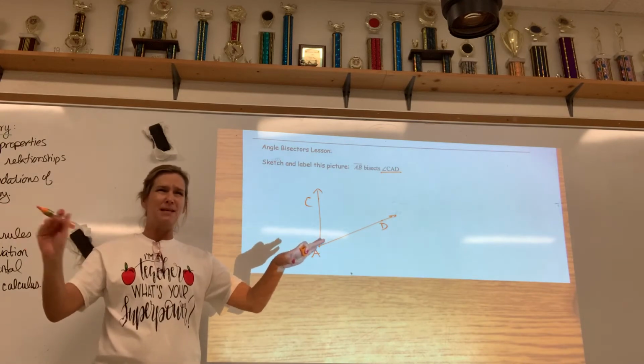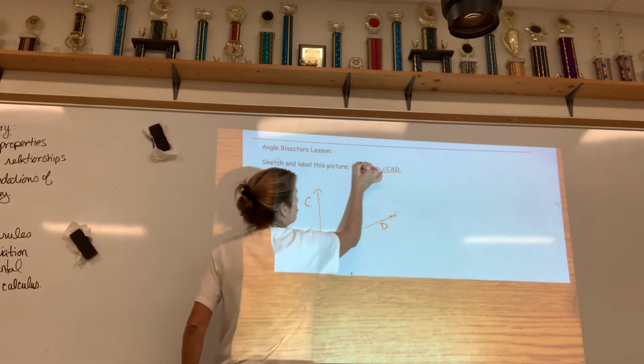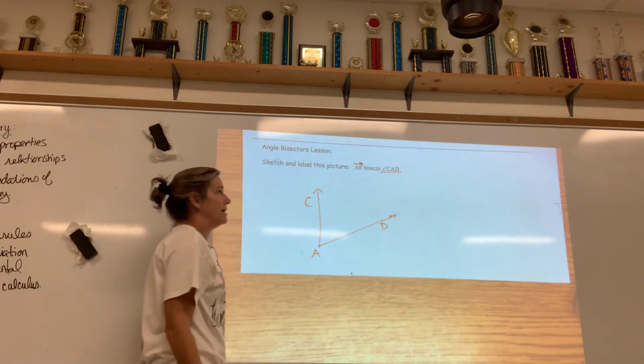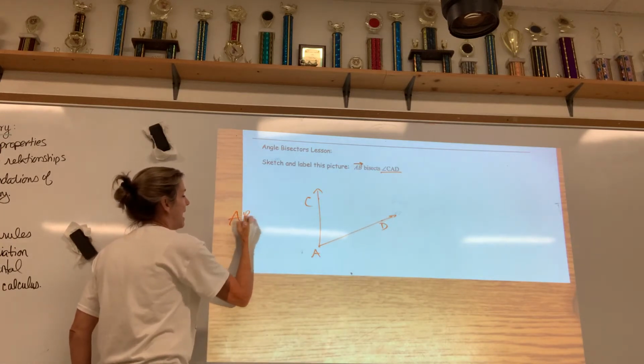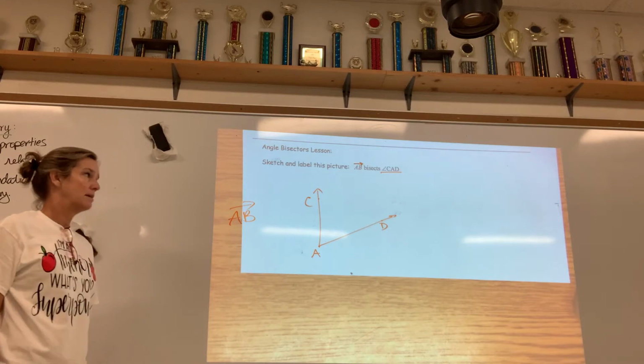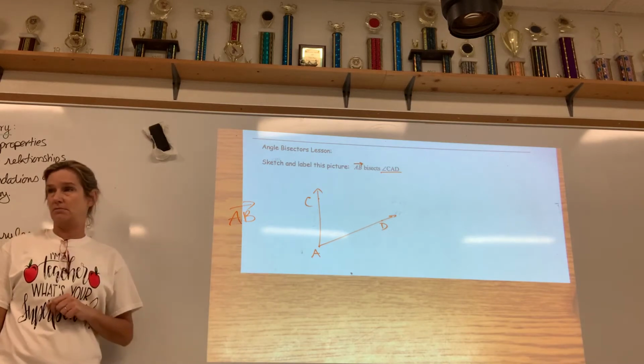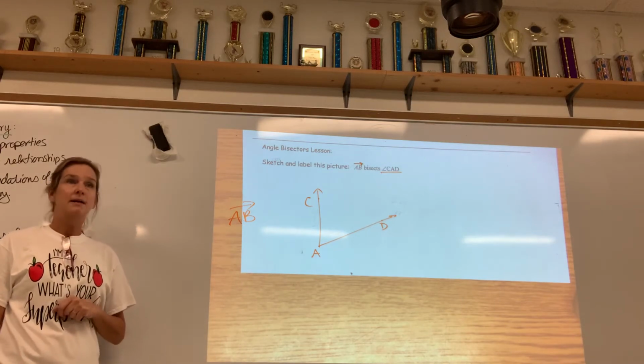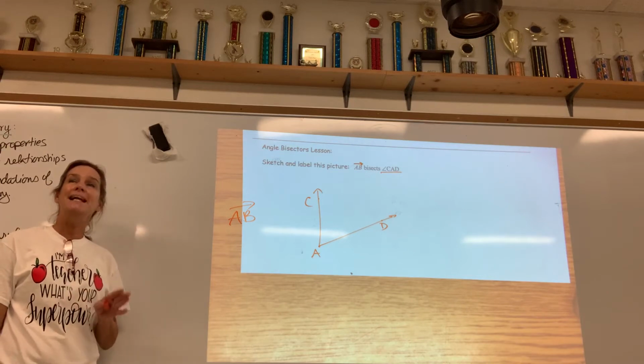Now you may not be able to see well from your seat, but if this says ray AB, I want ray AB to bisect that angle. Okay? Bisect means cut it perfectly in half.